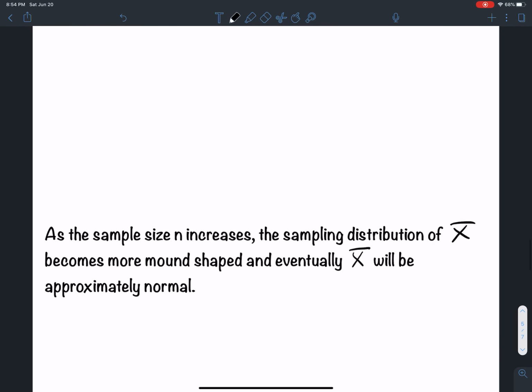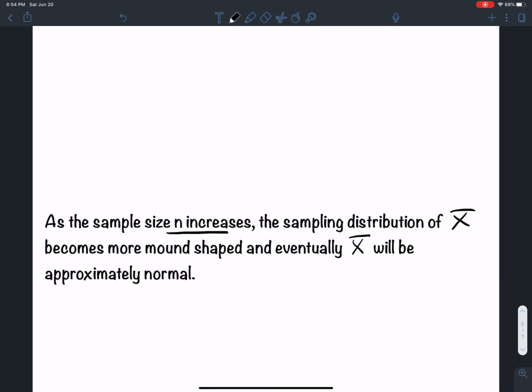As the sample size n increases, so as n goes to infinity, we get larger and larger samples. There we had a restriction, n greater than or equal to 30, it's approximately normal.